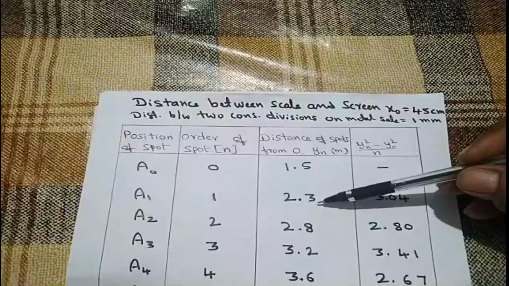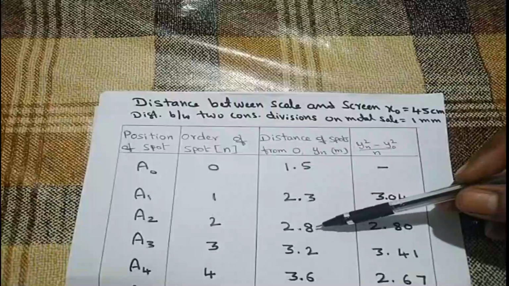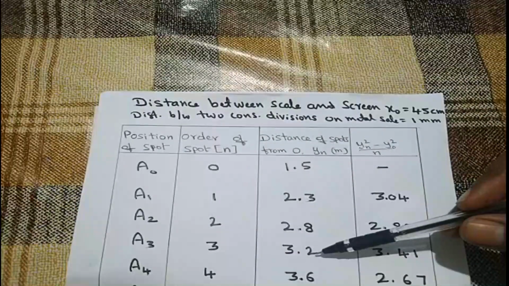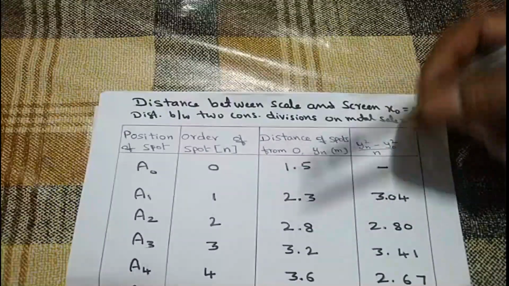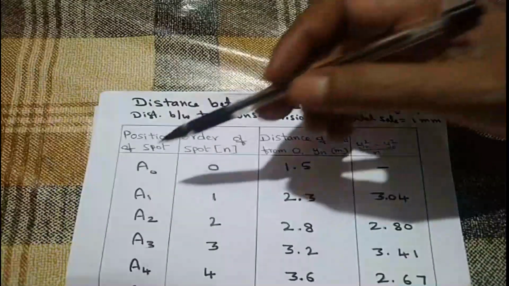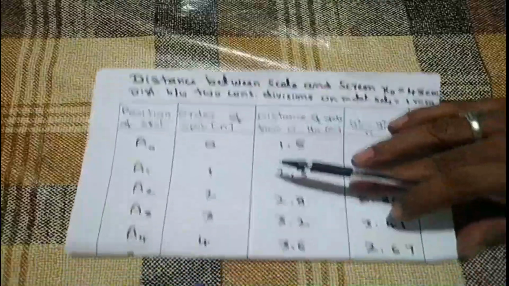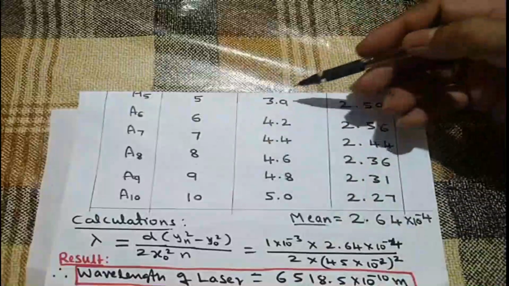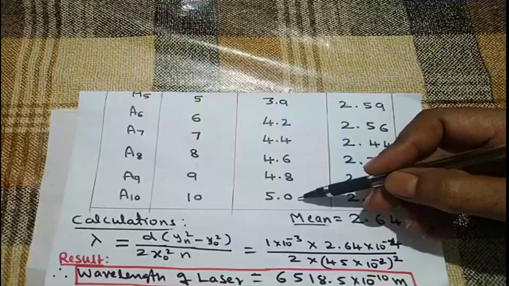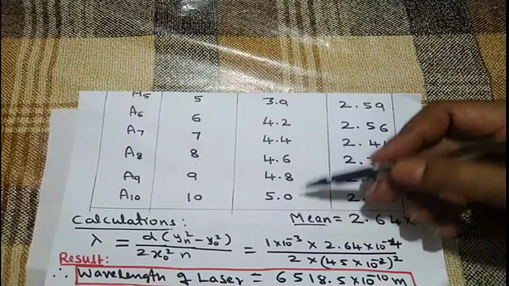For second order 2.8, third order 3.2. Like that it continues up to 10th order, because the spots obtained on the graph sheet are A0 to A10. Up to A10 we have measured all the distances. The last one is found to be 5.0 centimeter.